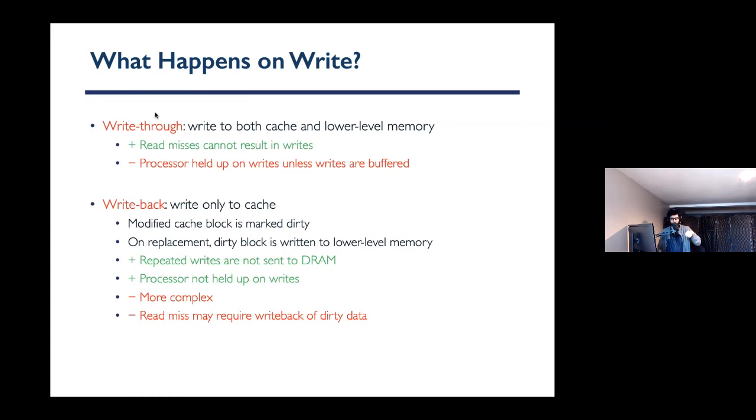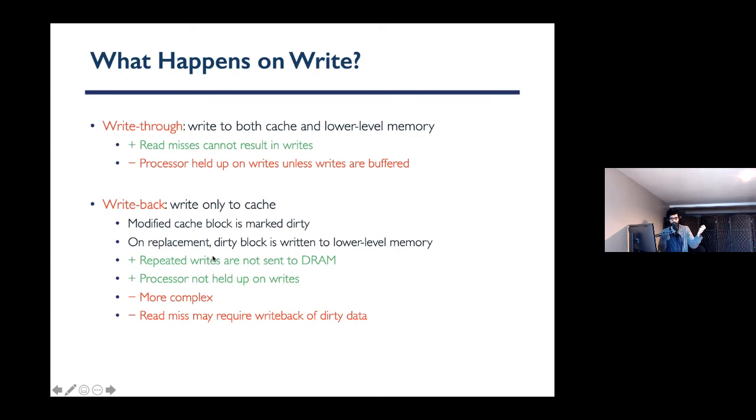So you write A, and then you write B to that address, then you write C in that address. So all A, B, and C have to be written in the memory as well. With write back, you write A in the cache, then you write B in the cache, and then you write C in the cache.